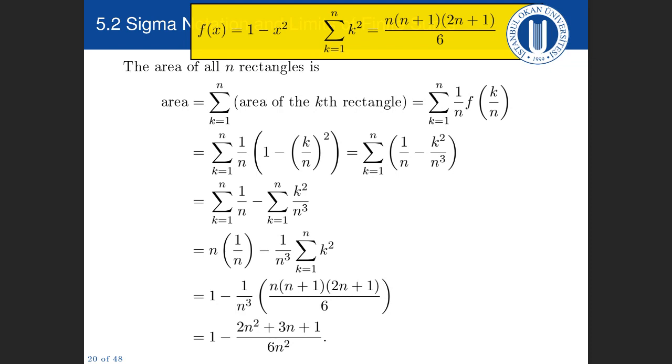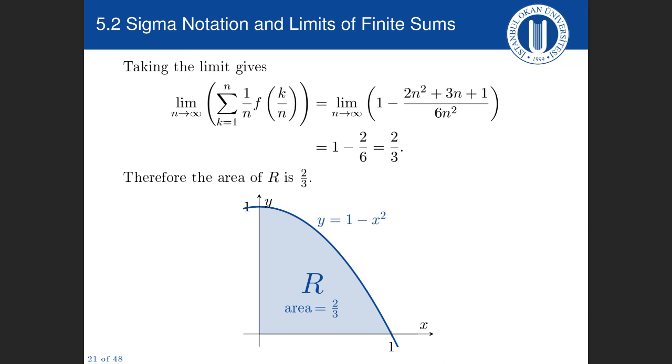We want to take the limit as n tends to infinity, and then we will find the true area of R. And you know how to do limits as n tends to infinity of a rational function like this. Divide the top and the bottom by the biggest power of n, so divide everything by n squared. We get 2 plus 3 divided by n plus 1 divided by n squared on the top, and on the bottom we just get 6.